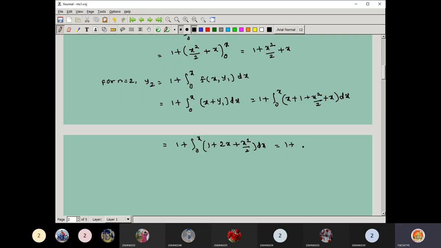Or it is 1 plus integration with respect to x. So x plus 2 into x square by 2, 2 is cancelled, only x square, plus that becomes x cube by 3, already 2 is there, so 6. So limits are nothing but 0 to x. So when I substitute the limits, 1 plus x square plus x cube by 6.